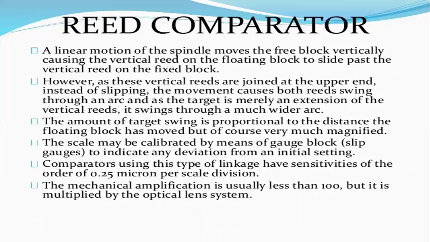So when you have a displacement of much higher length, it will swing in a much wider arc, and the amount of target swing is proportional to the distance the floating block has moved, of course very much magnified.